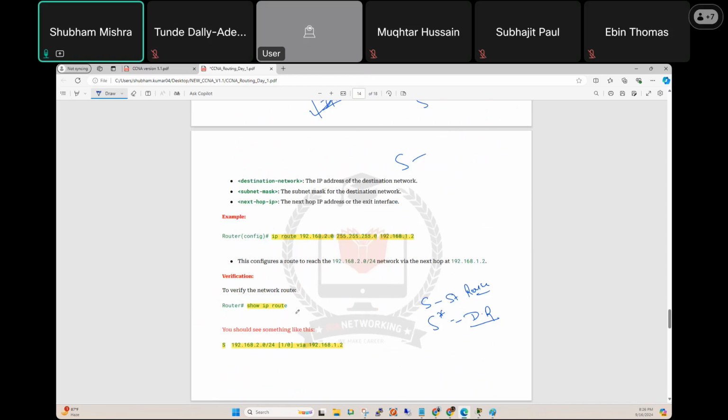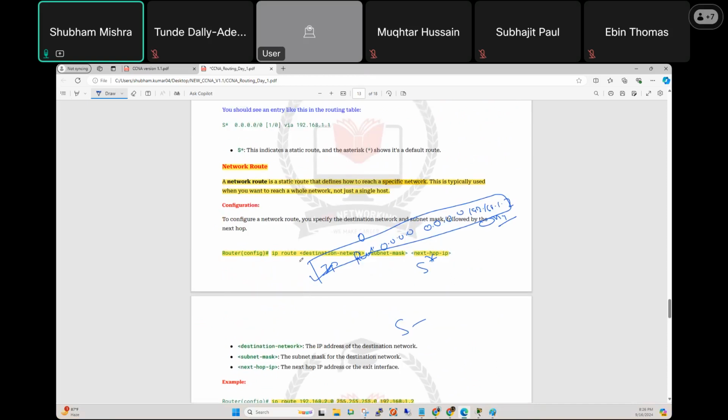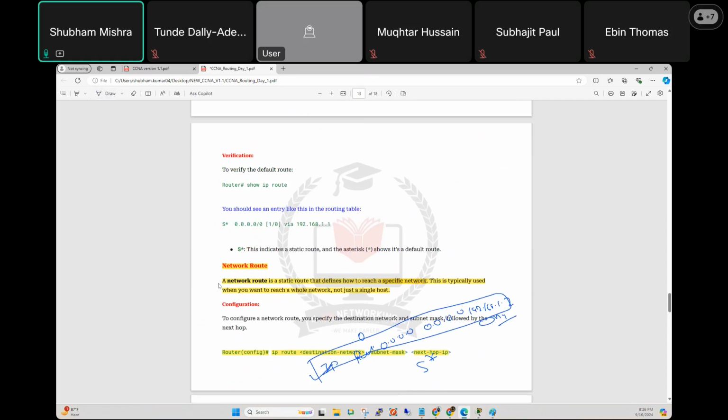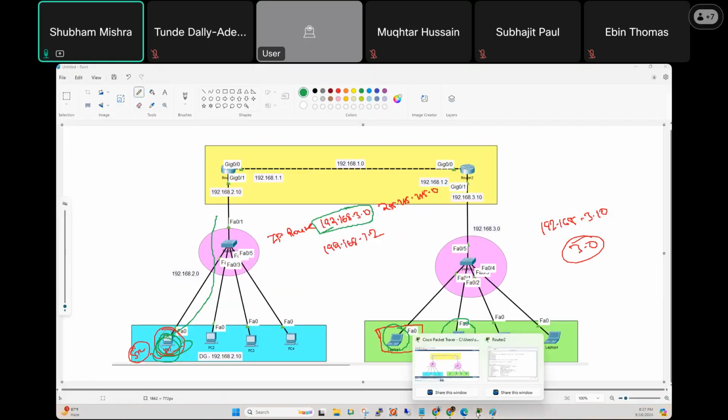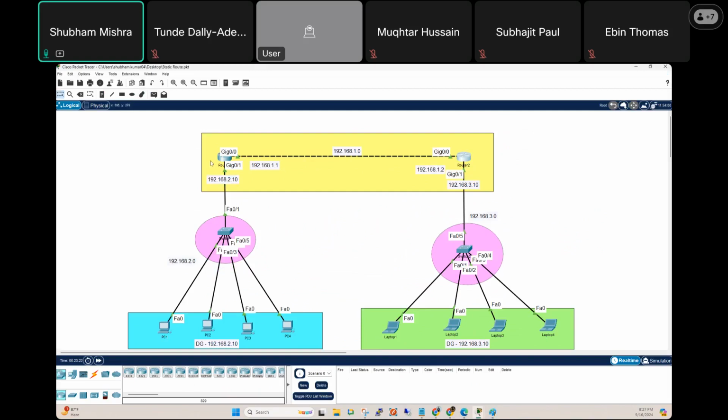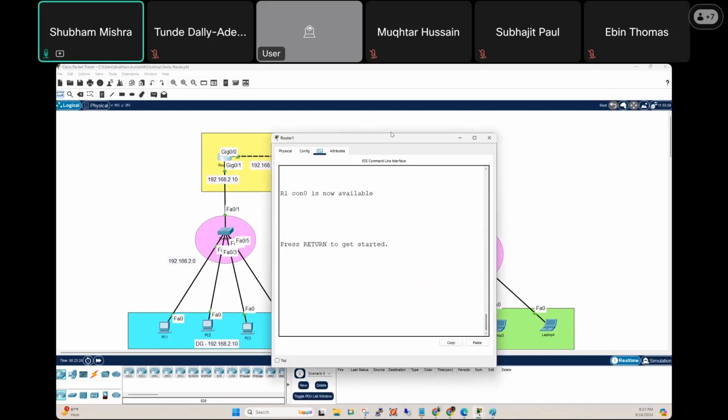So basically, right now what we discussed, guys, is the network route. Network route means we specify the complete network. What will we specify? We specify the complete network. Getting my point, everyone? For example, come here on this router.